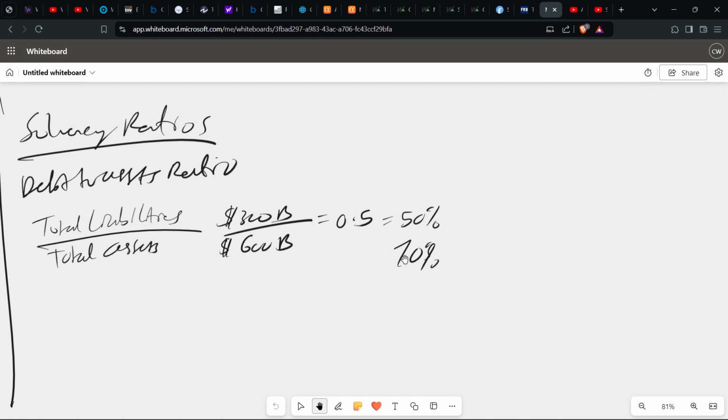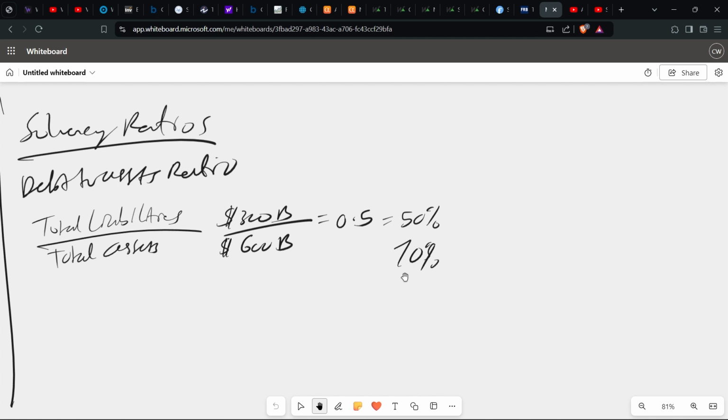In a recession environment, these companies don't do so well. Companies with a debt to asset ratio above 60% really struggle, and that tells you how well a company is going to do.